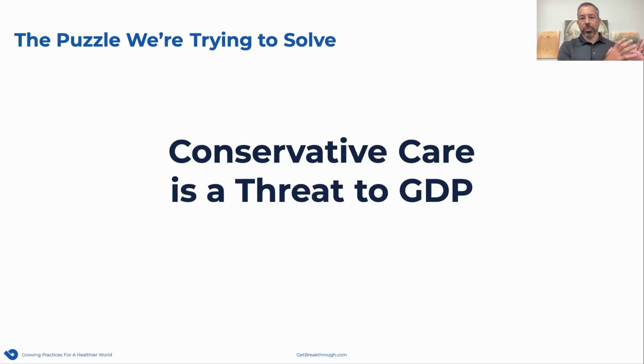It's a threat to the surgeon and his economic well-being. It's a threat to the healthcare and hospital system that would generate revenue from that as well. It's a nasty truth with the way our healthcare system works right now, and we need to understand that if we're going to ultimately solve it.